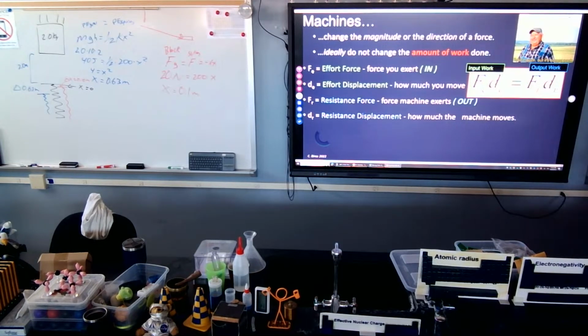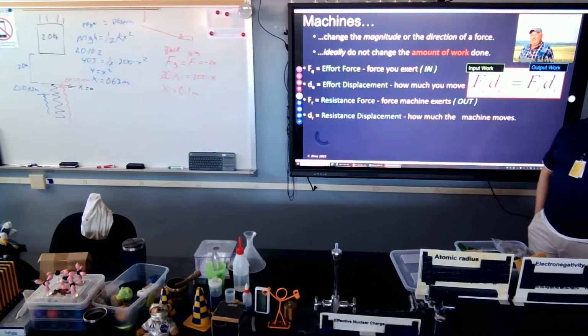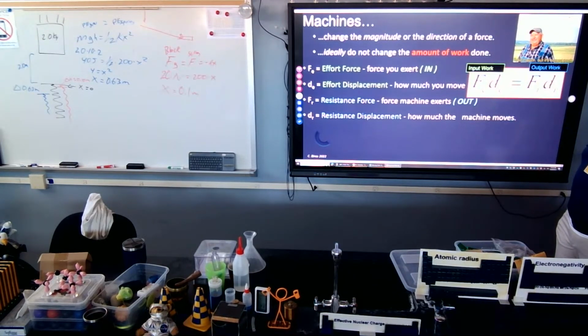So F_E D_E equals F_R D_R, assuming that there is no work or no energy lost to friction. Of course, we know there is always energy lost to friction, but that's how it works.